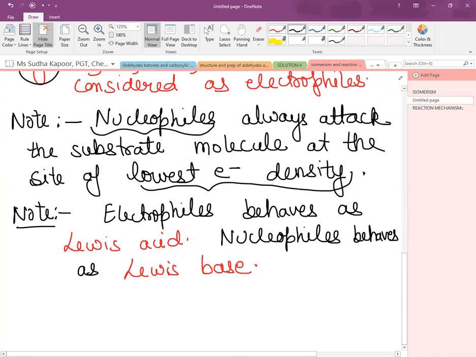We will study this term in equilibrium. Lewis acids are those which have a strong tendency to attract electrons. And what are Lewis bases? Those which have a strong tendency to donate a pair of electrons, similar to nucleophiles. So nucleophiles are considered Lewis bases and electrophiles are considered Lewis acids.